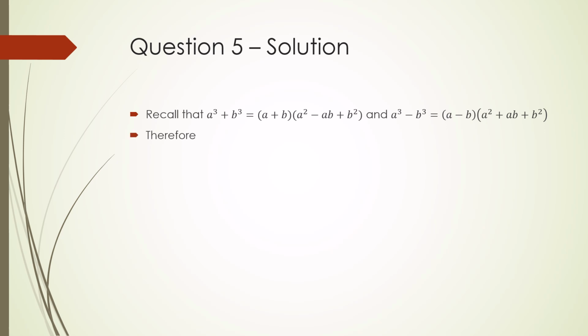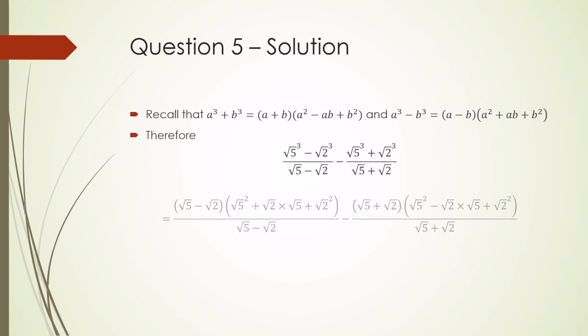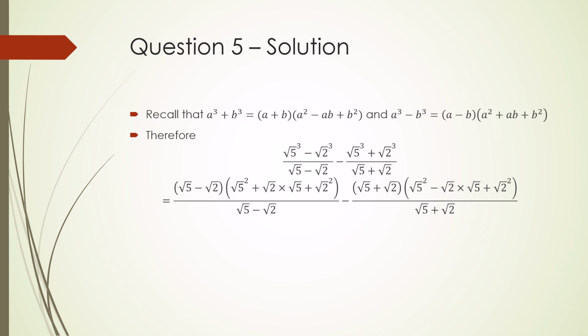And therefore, in the original equation, which is this, we can factorize out the cube of square root 5 minus the cube of square root 2, as well as the sum of the cube of square root 5 and the cube of square root 2, which gives us this.